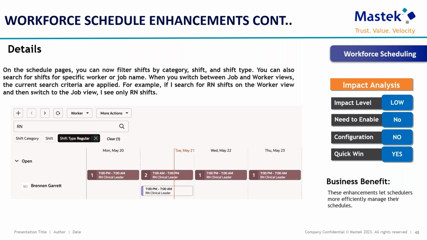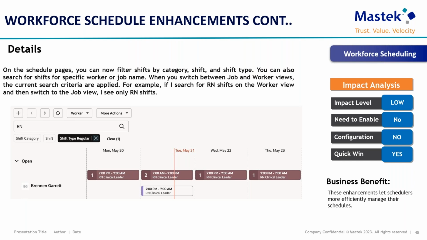Alongside the first enhancement, there is another enhancement, which is an option to select different types of shift. As you can see on the screen, we can select a specific shift category and a specific shift type, and only that particular area will be filtered.